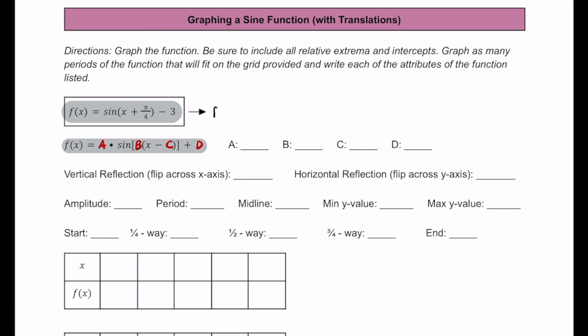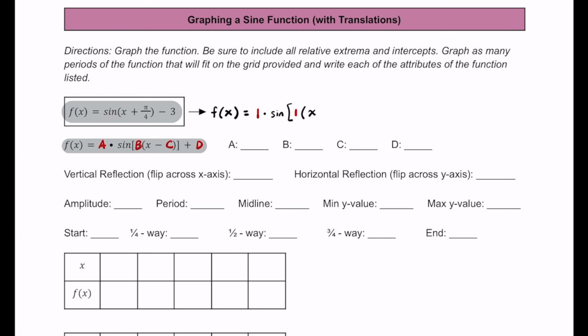So labeling this function a little bit more clearly with those values of a, b, c, and d, we have f of x is equal to 1 in front. That's going to be the value of a. That's going to be 1 times sine of the quantity of, do we have a value for b? Looks like b is going to be 1 here. And that's going to be multiplied by x.